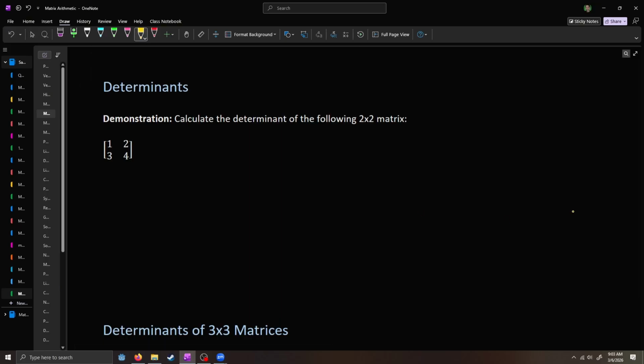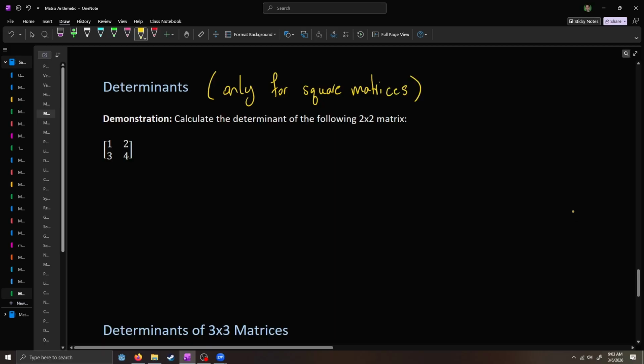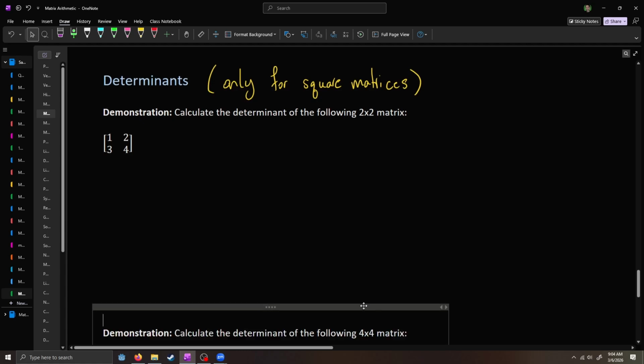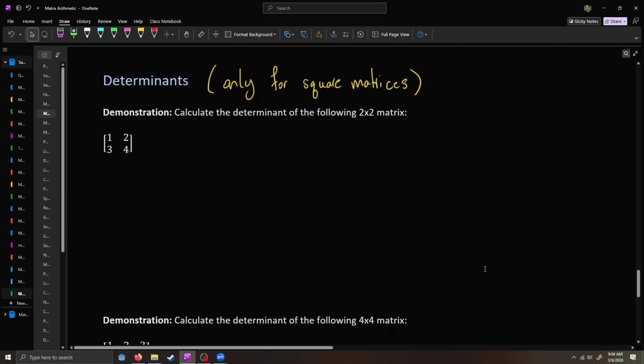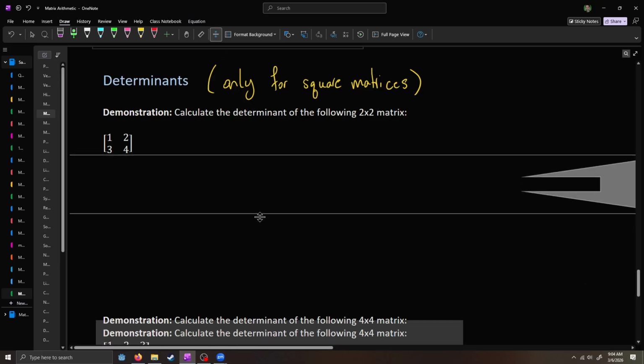Determinants are something that are calculated only for square matrices, matrices that have the same number of rows as columns. Determinants are not defined and don't make sense for matrices that are rectangular. We're going to focus on the formula for relatively small square matrices, 2 by 2 and 3 by 3. And then much later in the quarter, we are going to talk about the determinants of larger matrices, 4 by 4, 5 by 5, etc., and how to find those.